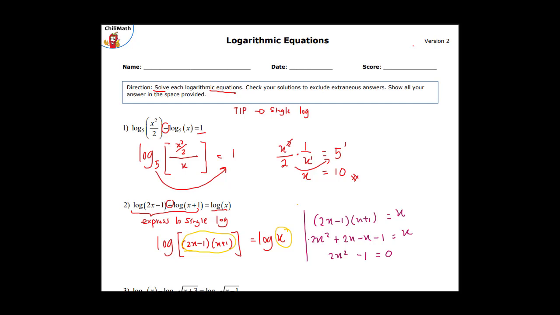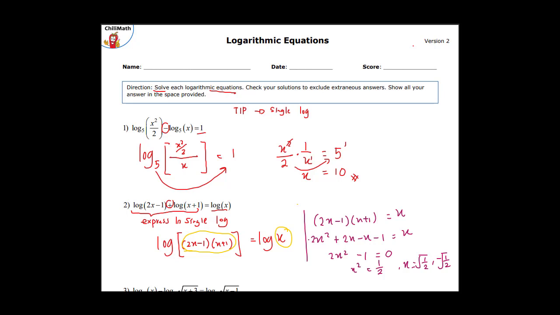So what you notice from here is a quadratic without the x term. So it means x squared equals 1 over 2. So x will be equal to square root of 1 over 2 or negative square root of 1 over 2.